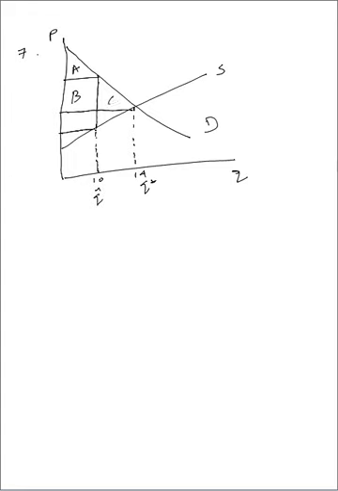So you can see, here we have P0 is 40, P star is 24, and PS, the price at which producers will supply, is 20.